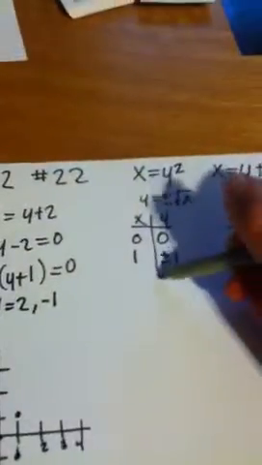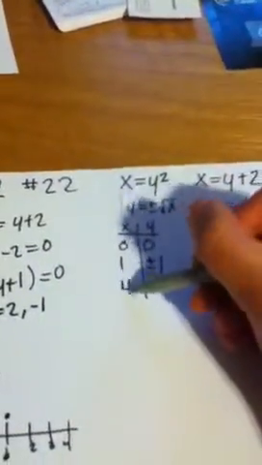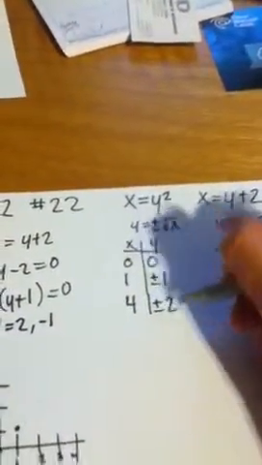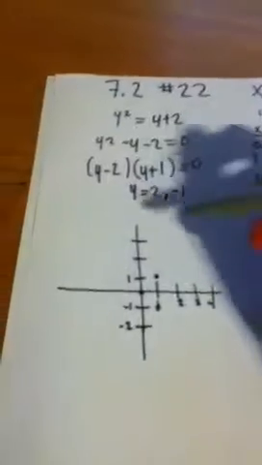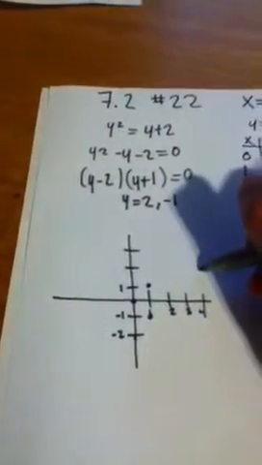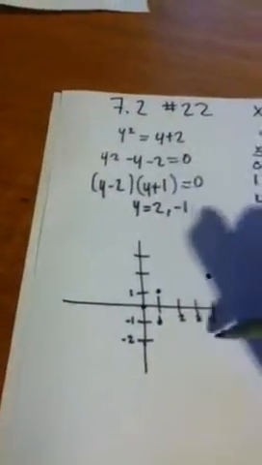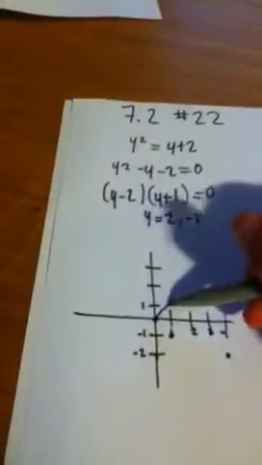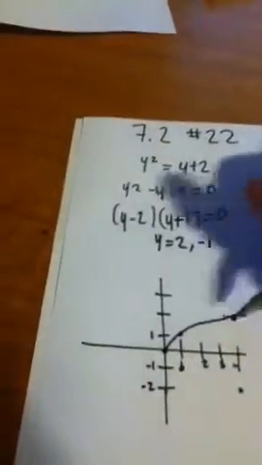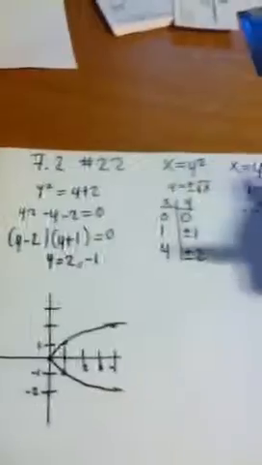And then another important point would probably be to do 4, since you can take the square root of that. And it would be plus and minus 2. So it'd be about up there and about up there. So it looks something like a sideways parabola.